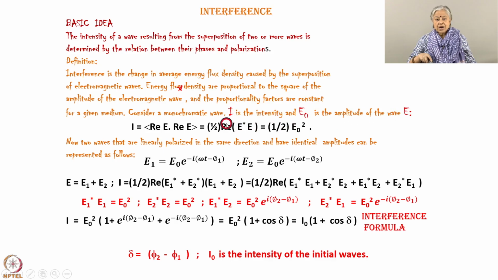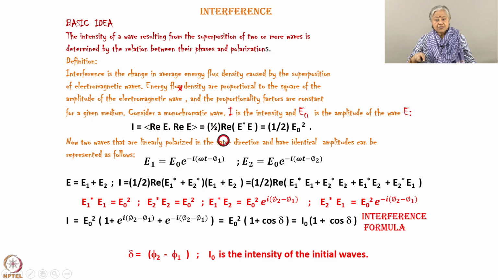Generally, to get the intensity we take the square of the amplitude. So, intensity I will be given as the average of the real part of E, as you know, the electric field or electric wave that is associated with that light has an imaginary part also.